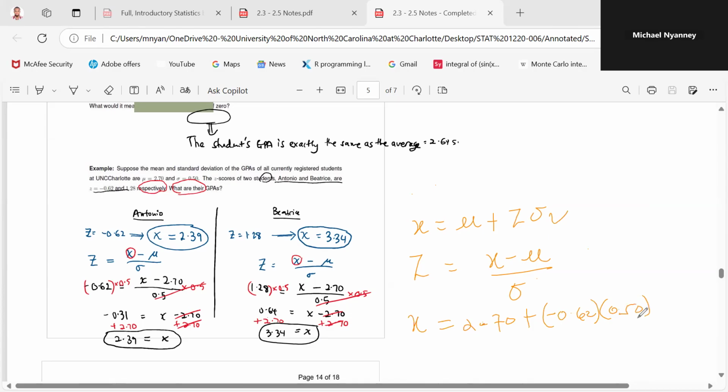If you solve this, you're going to get Antonio's GPA to be 2.39. Okay, that is for Antonio. We do the same for Beatrice and we are good to go. So that's the approach.